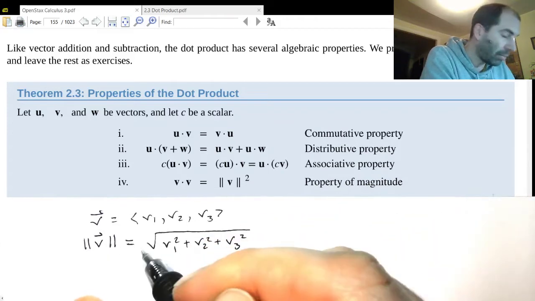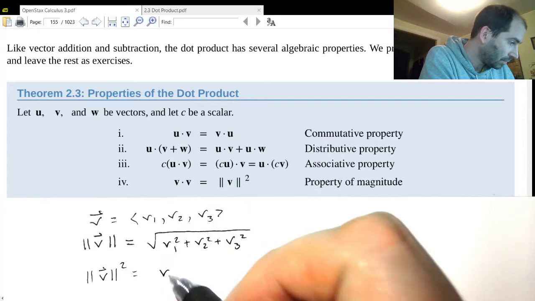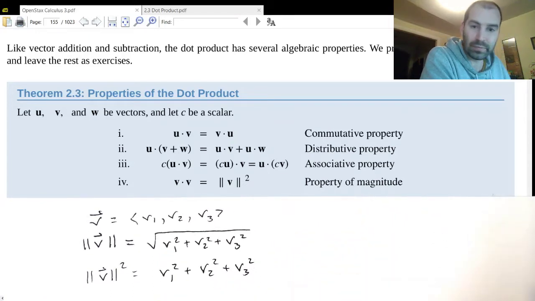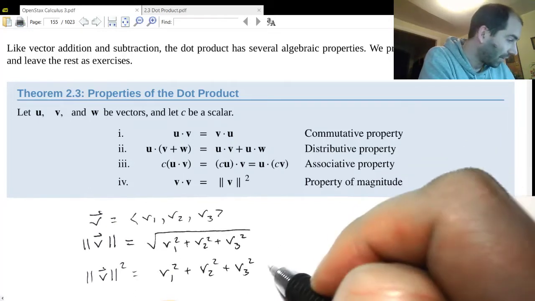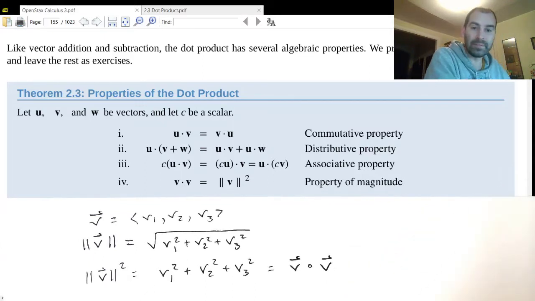Well, if I square both sides here, I get this. And if you look at this, this is exactly the same as just v dotted with v. And so it's a very quick proof to see why that's true.